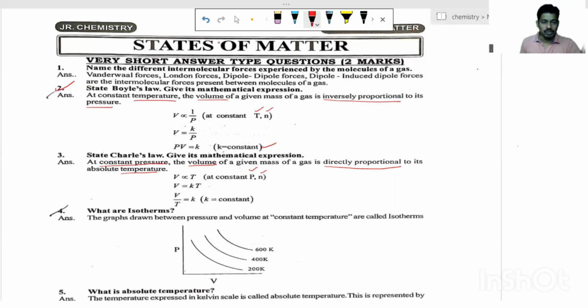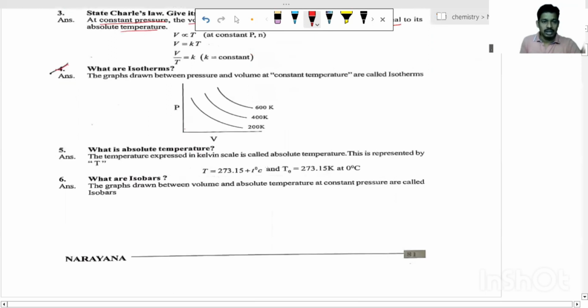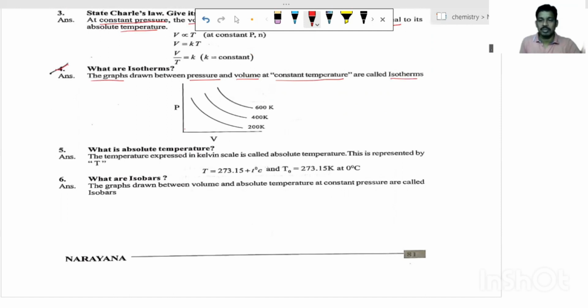Next, what are isotherms? Isotherms are nothing but the graphs which are drawn between pressure and volume at constant temperature. Simply, the graph which is obtained at constant temperature is called an isotherm.